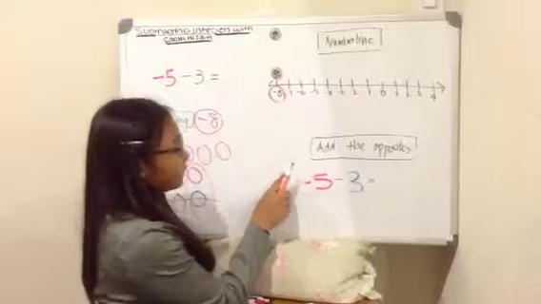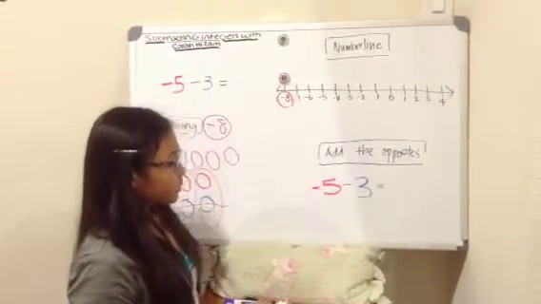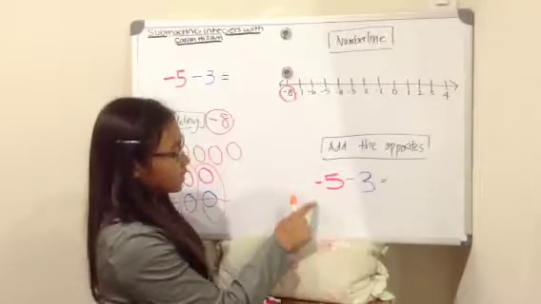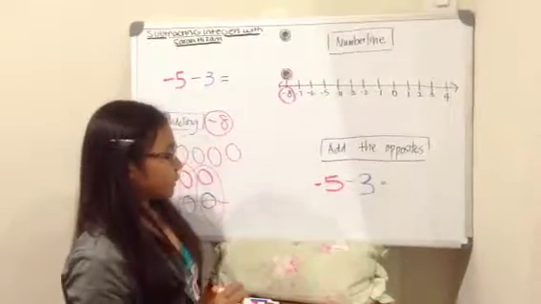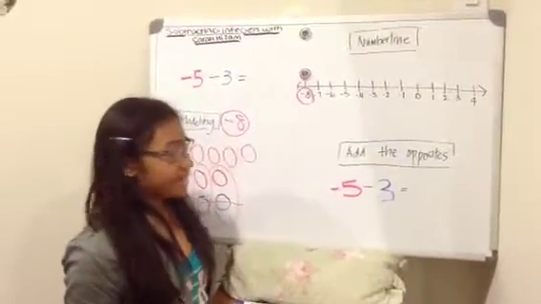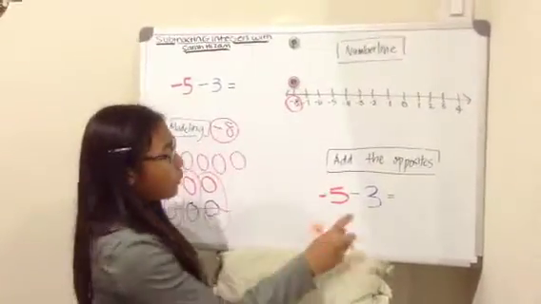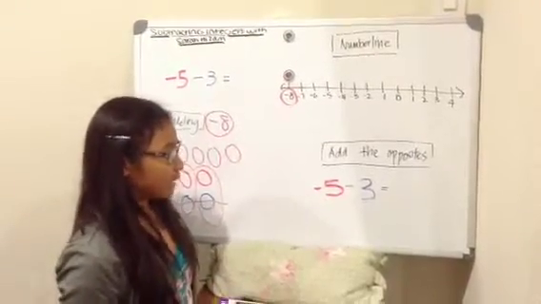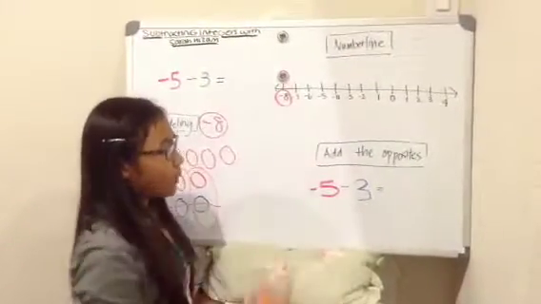The last and third strategy that we're going to use is to add the opposite. Remember that the first integer has to stay the same. In this case, negative 5 has to stay as negative 5. However, for the subtraction sign, we have to change it to an addition sign because we have to add the opposite.